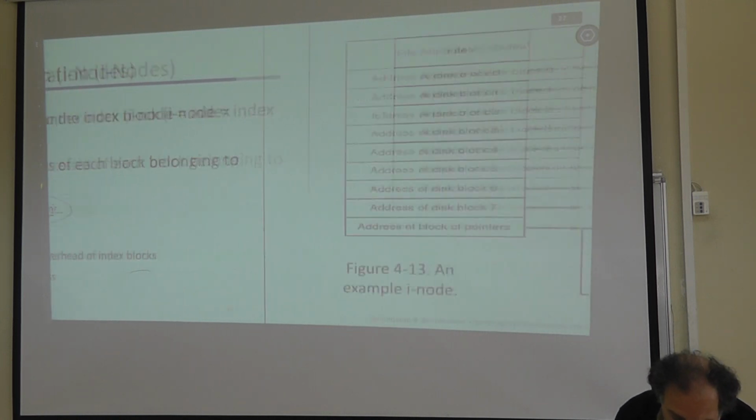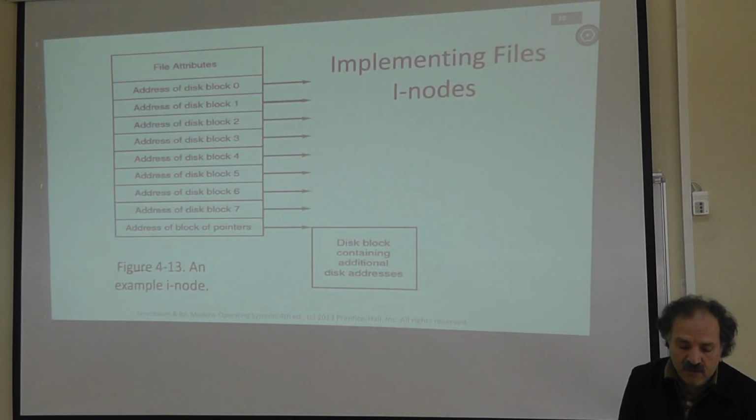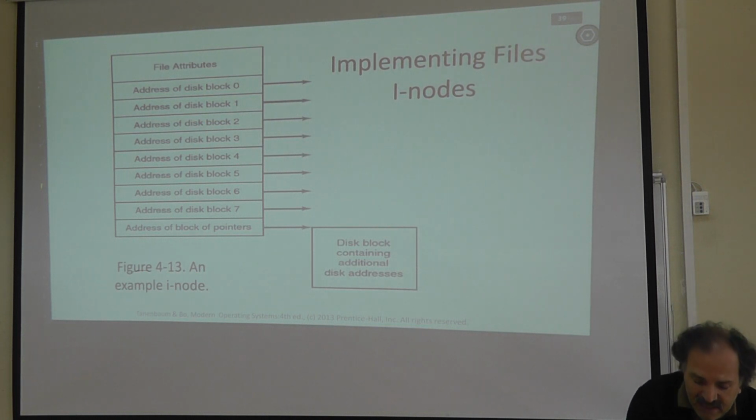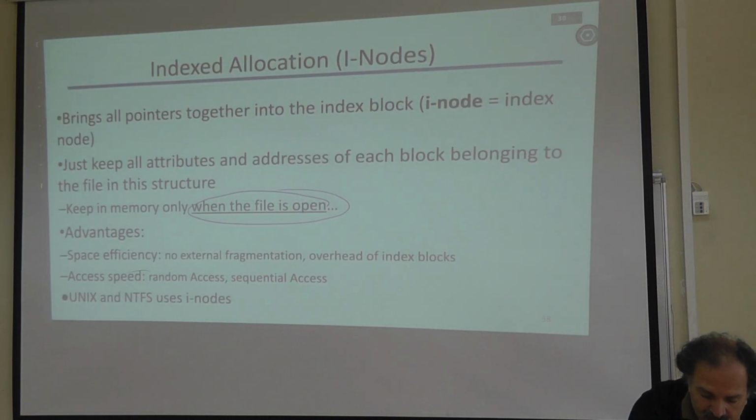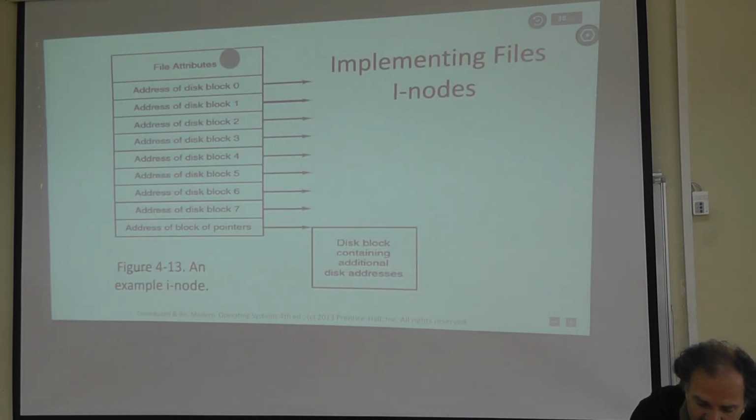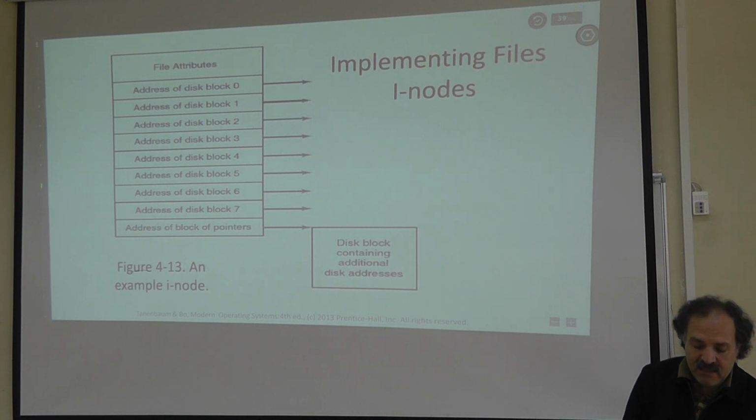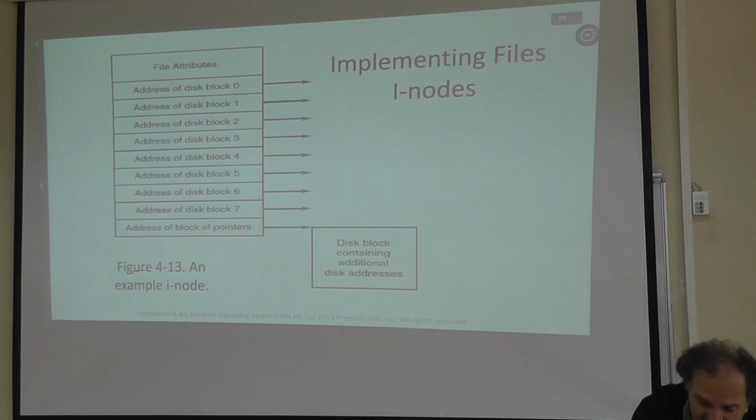Okay, let me show you some example here. An example inode is this. What is an inode? Inode is a node that keeps just the index information, along with the attributes. I have the file attributes here: the file name, the path, the read-write permissions, access times, and etc. And after that, I have the address of disk block 0. So this is just the index. Address of disk block 1, disk block 2, disk block 3. It goes like that.